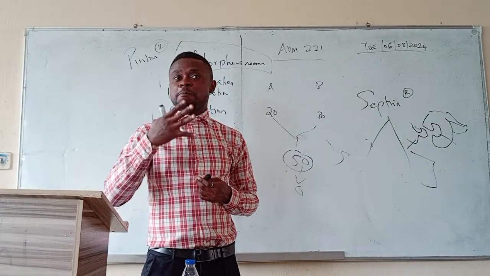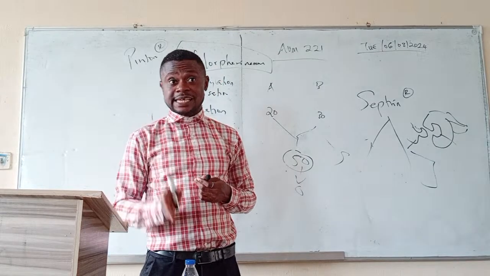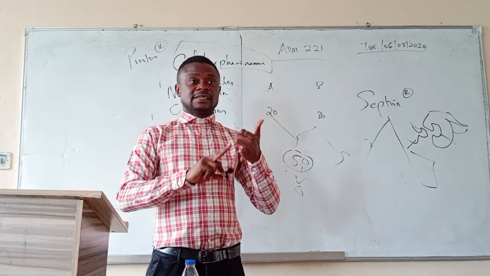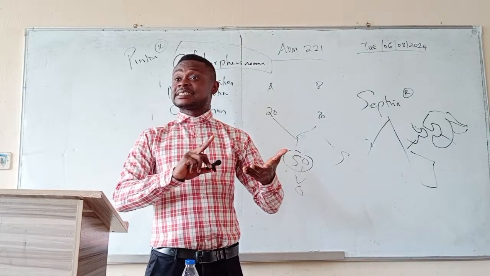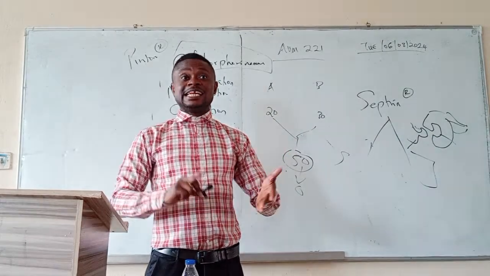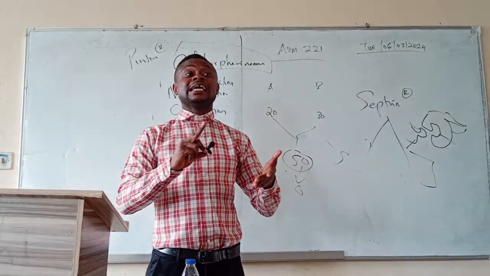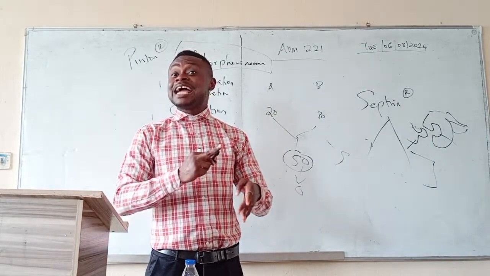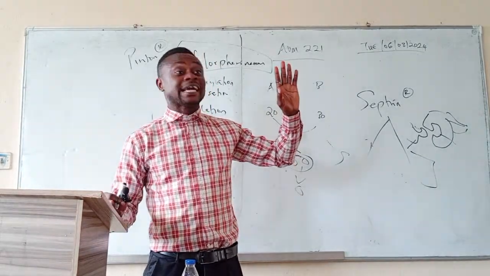Polypharmacy is where a patient is given many drugs at the same time. Maybe the person has ulcer, diabetes, hypertension, malaria, typhoid. The same person. Hope you know it can happen.